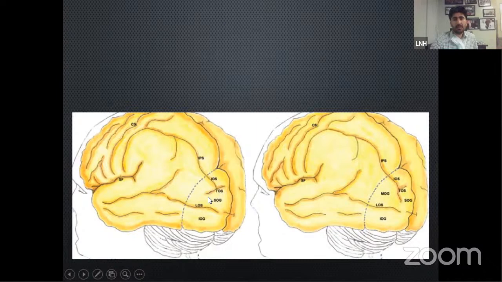And this is the small transverse sulcus, and this is the lateral horizontal sulcus. And this is the superior occipital gyrus, and this portion is the medial occipital gyrus, and this is the inferior occipital gyrus. These two meet at the posterior end, and this junction is also known as the occipital fold.